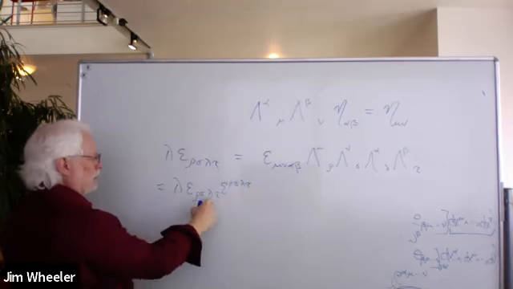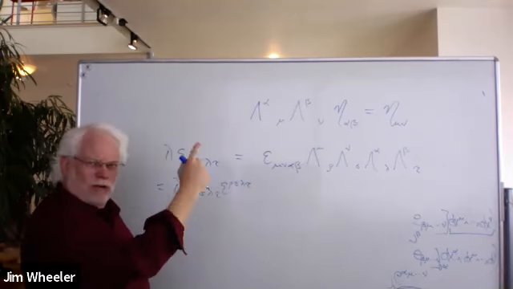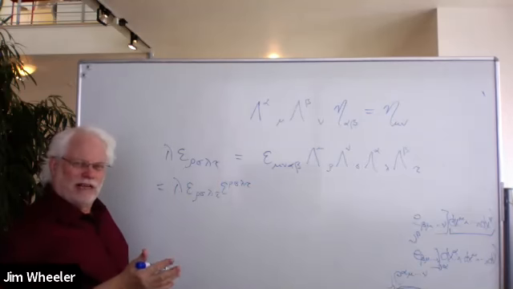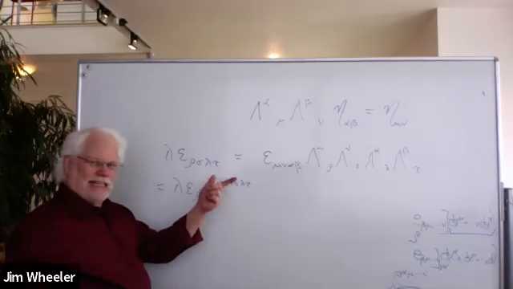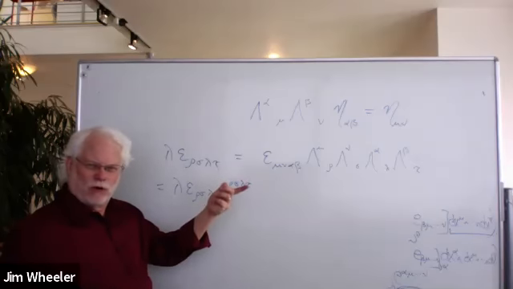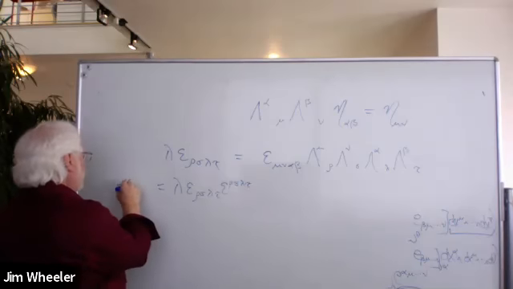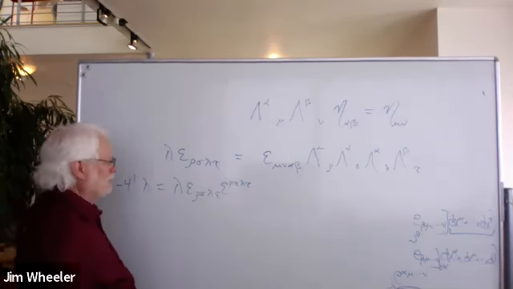On this side, we're summing over all permutations of 4 things. It's going to give us a 4 factorial and a sign, because raising this η^{0,0} is -1. The rest are +1. So we're going to get -4 factorial times lambda over here.